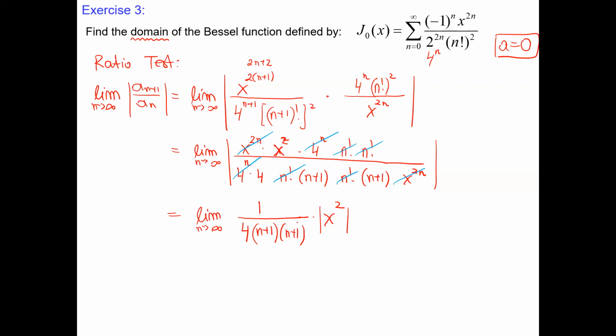When you know that form, it's easy to compute the limit. x squared over 4 is constant, so I will just copy it, and 1 over (n plus 1) squared, this limit is 0. And 0 times anything is 0. 0 is always less than 1. By the ratio test, this power series is convergent for all numbers.